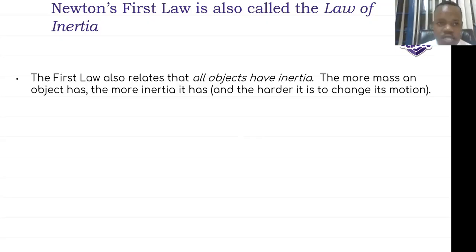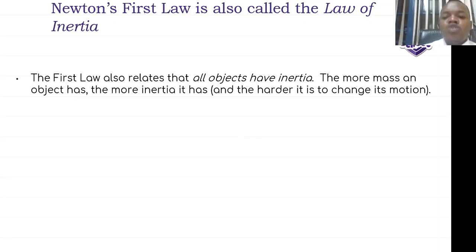If that box has a small mass, it won't be that difficult for you to move that particular box. So yes, the box will still resist moving. It will still resist changing its state of rest. But because the mass is smaller, you might find that it becomes a little bit easier for you to change its state of motion or rest.